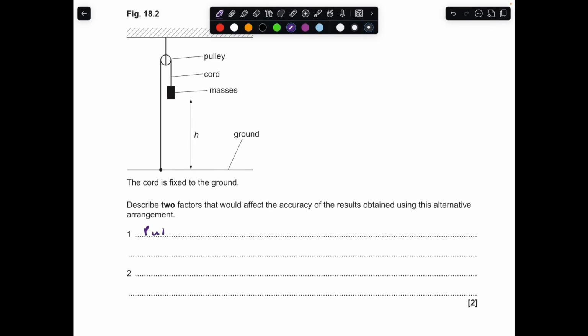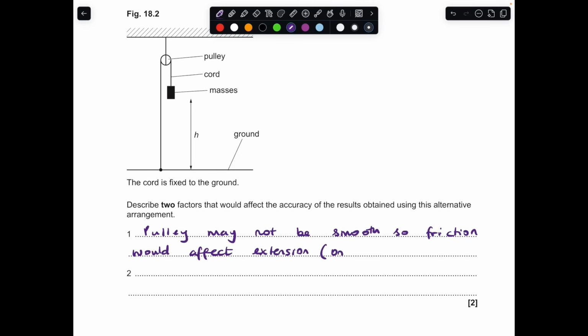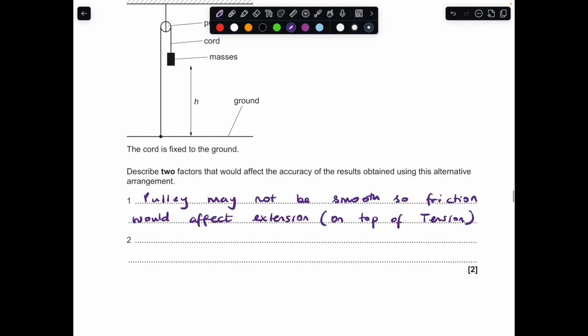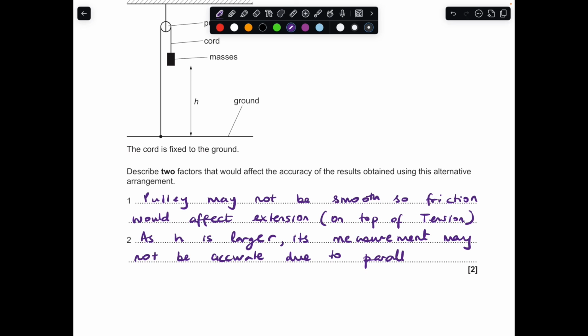So the first thing is the pulley, which may not be smooth, so friction would affect the extension, on top of the fact that the cord will have tension. And secondly, as H is larger, its measurement may not be accurate due to things like parallax error.